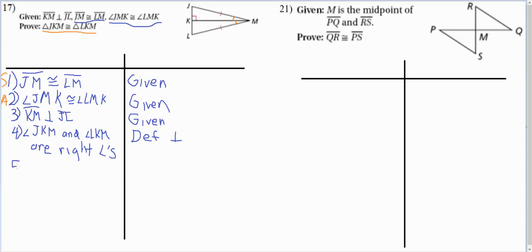So now 5, because I still haven't hit a milestone, so I've got to use this right angles thing. So right angles, I know all right angles are 90 degrees. So if they all are 90 degrees and all have the same measure, that means they should be congruent.